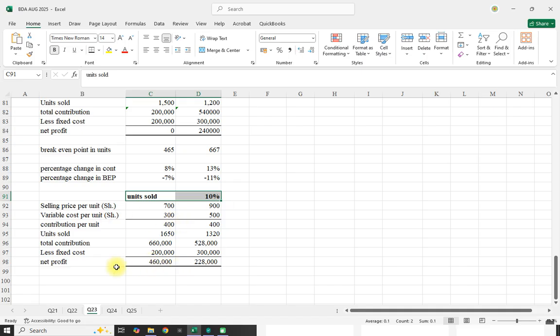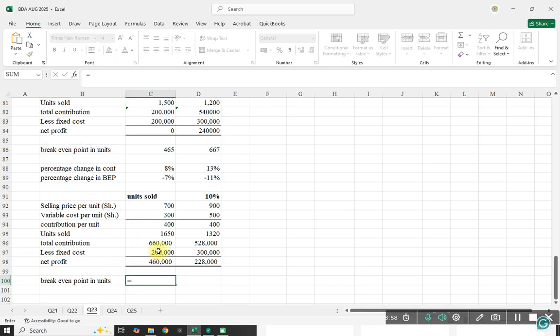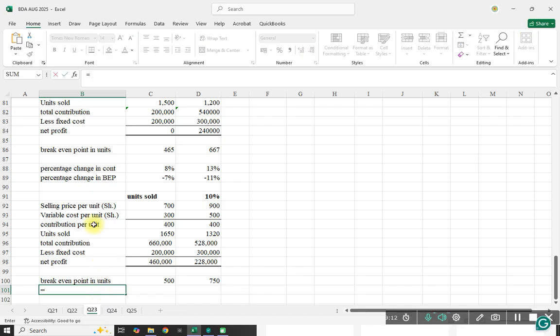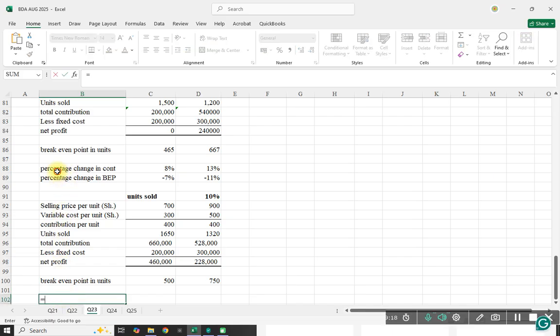If that one changes, remember our BEP in units here will still remain the original, 500 and 750, and therefore the percentage change will be 0. Percentage change will be 0 here.